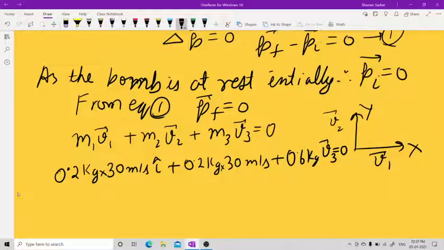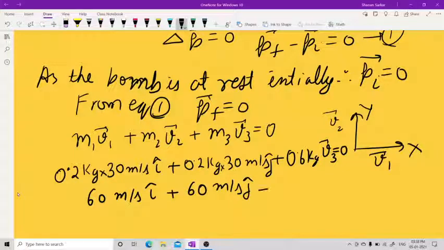So this becomes 60 meter per second i cap, plus this becomes 60 meter per second j cap. J cap, I forgot to write it here.